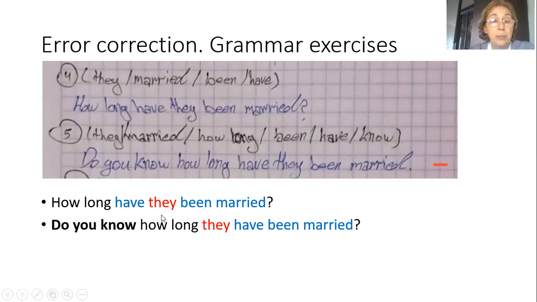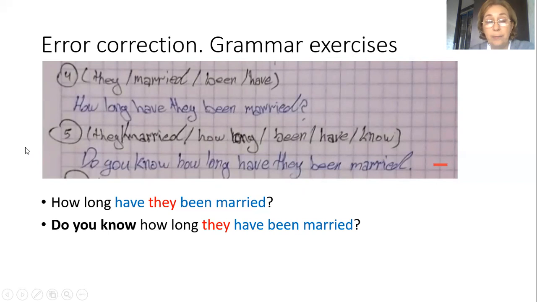So how long have they been married? This is the right way to ask the question, and it's okay here on the student's paper. But the second question, number 5, is indirect, so we should change the order of words. It starts with, do you know? And then the second part, how long they have been married. It means we first use the subject and the verb. So how long, not have they, but they have been married. So this is the difference.